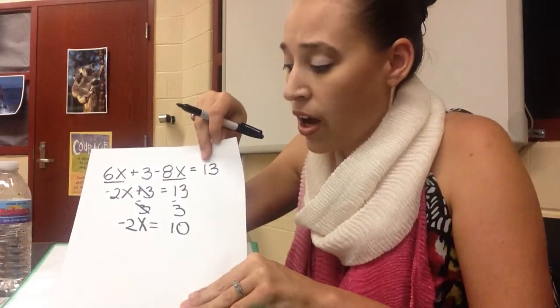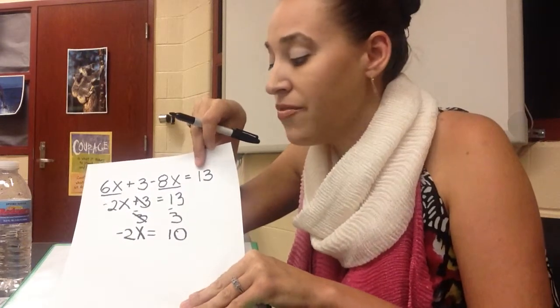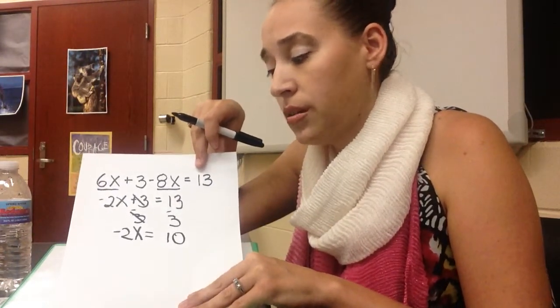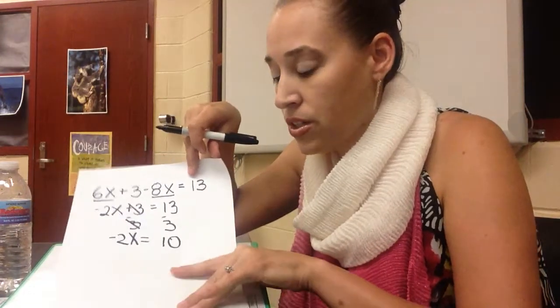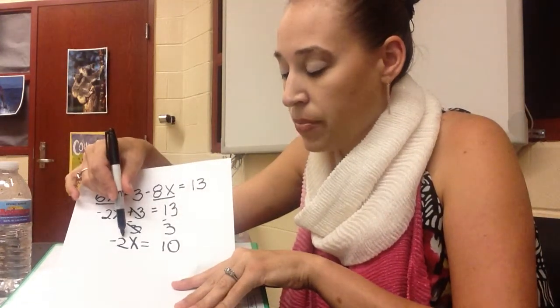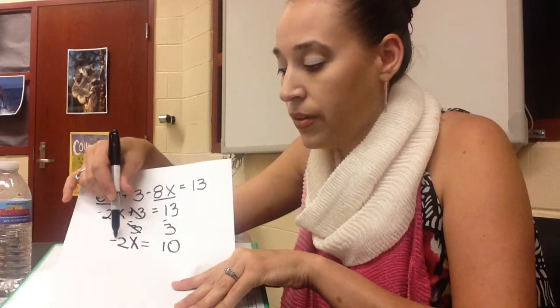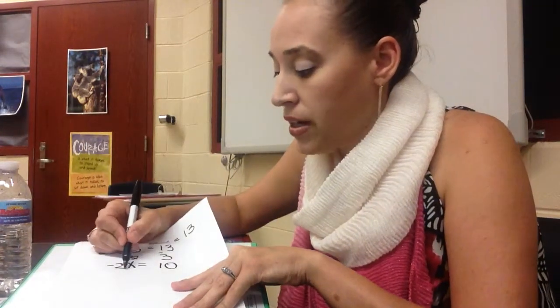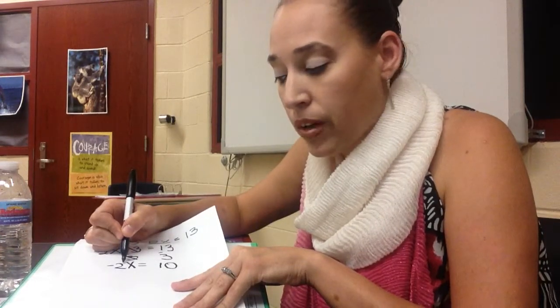Now, again, ideally I'm trying to get x by itself because I'm trying to solve for x. So what's the next step? I have to divide by the negative 2, because 2 is multiplying the variable. That's the only way I'll get rid of the 2. I know I divide because the 2 is attached to x.